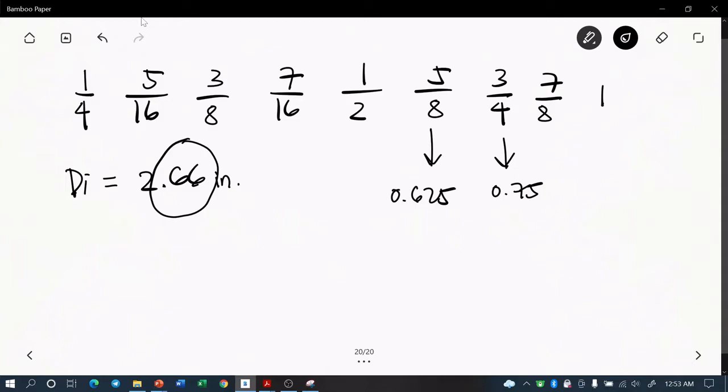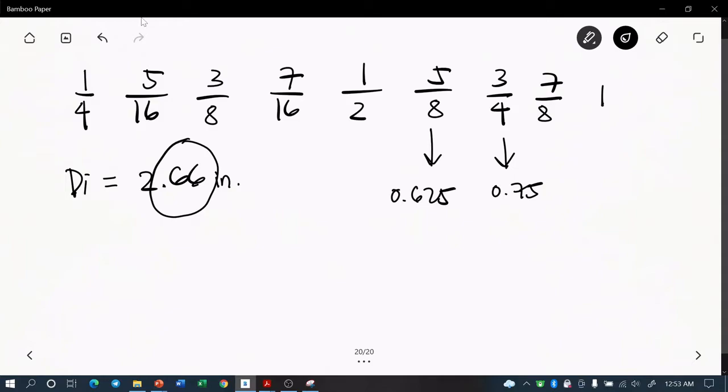So for example, this 0.66 is closer to 0.625 than it is to 0.75. So we're going to have a basis before we decide on what standard size to be used.